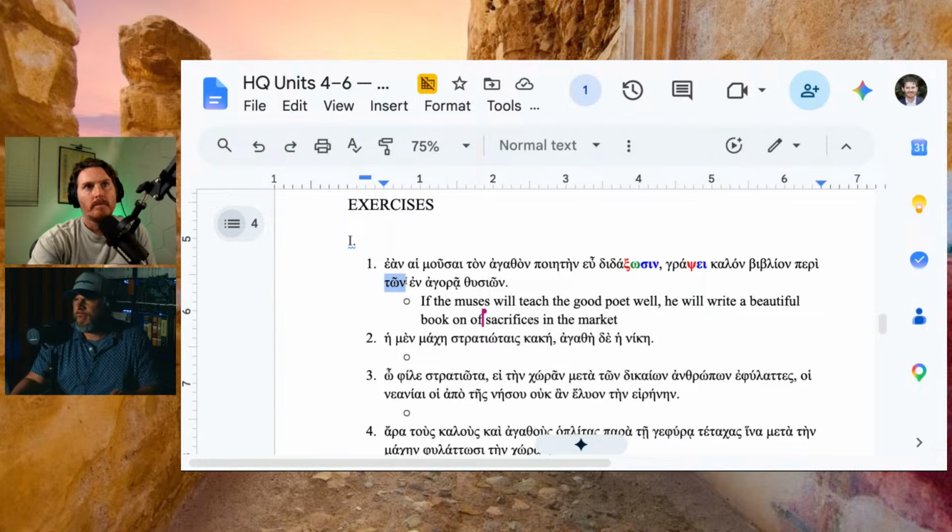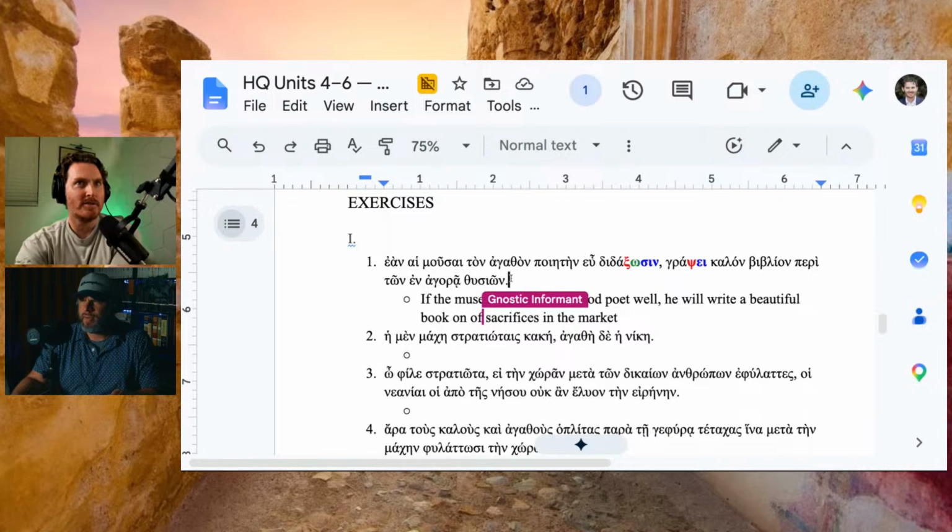Sacrifices is plural, but where is "ton" in your translation? That's why I had "of." Well, "of" is not "ton." "Ton" is the definite article, so it is arthrous. It's not just general sacrifices.